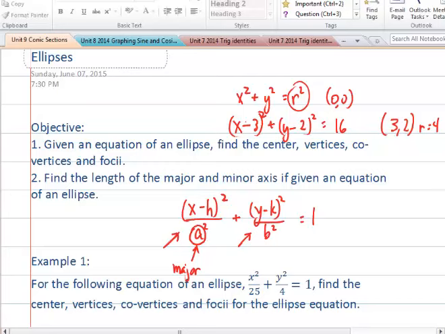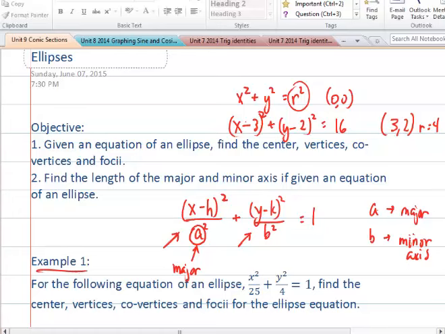The major axis is always related to the a value, which would be larger than the b value. So a is the major axis, b would be related to the minor axis, and we have a c value that has to do with an equation that relates them both, but we're going to go into that as we do an example.